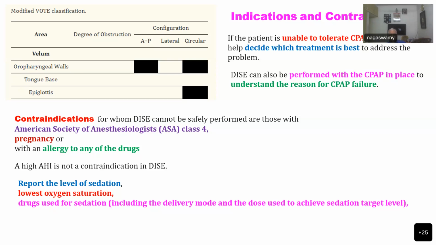So the delivery mode and the sedation target level achieved, and the upper airway findings and maneuvers performed. If there is any obstruction like with the Esmarch maneuver, you have to mention that also.